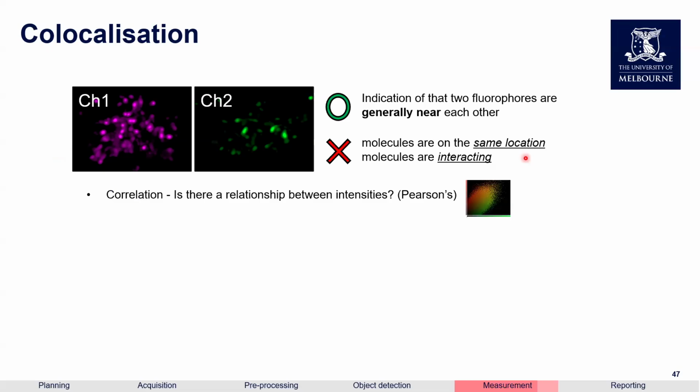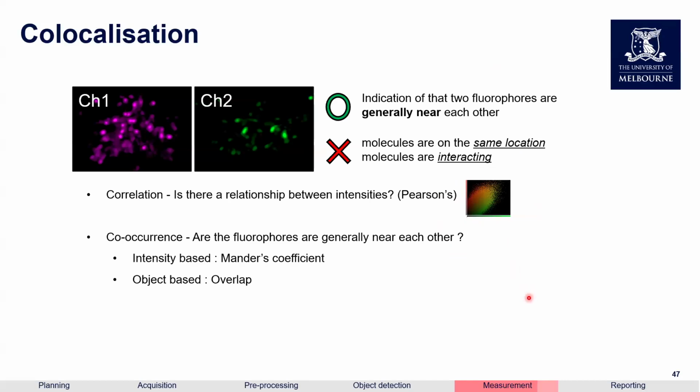So when we measure colocalization, we can first measure if there's any relationship between the channel intensities by looking at their correlations, as in whether the brighter green correlates with brighter magenta or red, etc. We can measure this using the Pearson's coefficient.